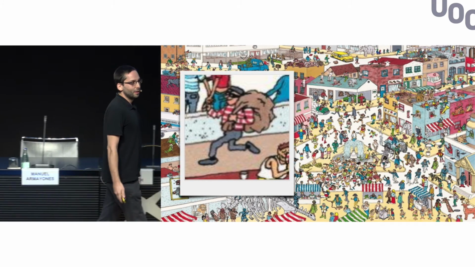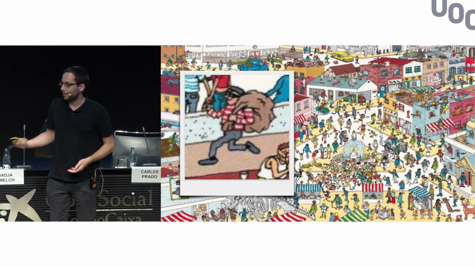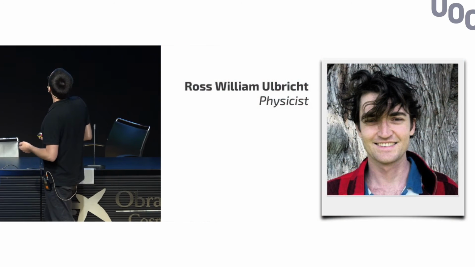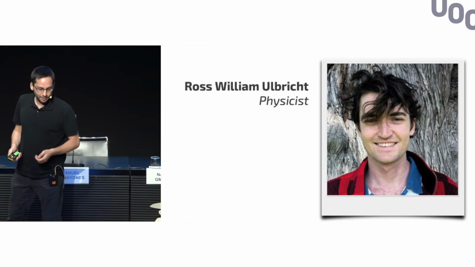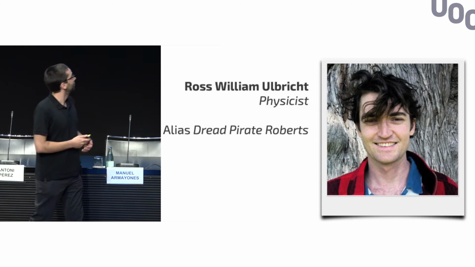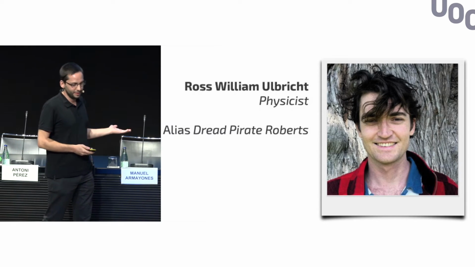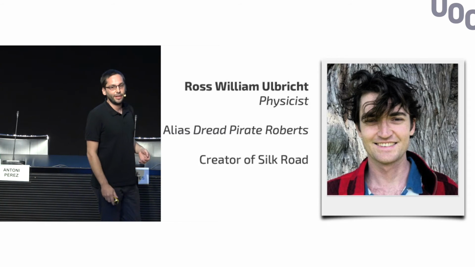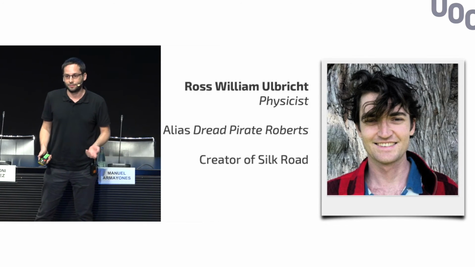And here is where I want to introduce a second person, Ross William Ulbricht, alias Dread Pirate Roberts. As you can imagine, he's not known for being a brilliant physicist, but he's known because he created a website called the Silk Road.